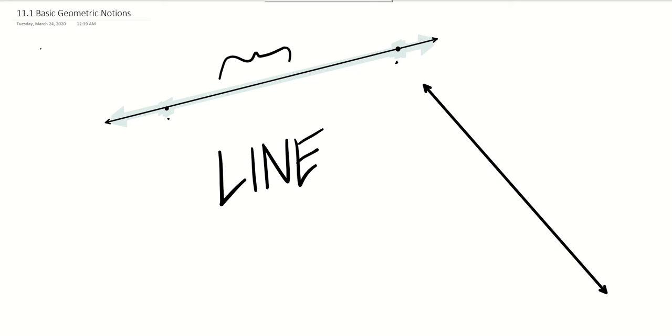But who's to say that we're not talking about all the points continued in one direction or the other? A line is not actually what you and I draw when we're talking about lines in class. If I say that I'm drawing a line and it does not look like what you see here, it is not a line. It's actually a line segment. We'll get to that in a minute. But basically, a line continues.